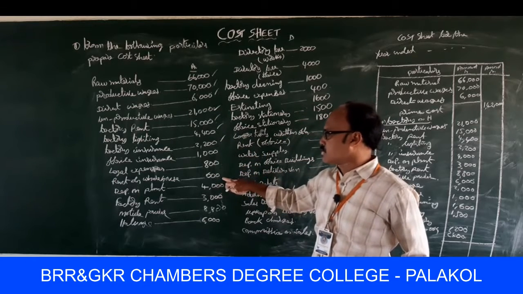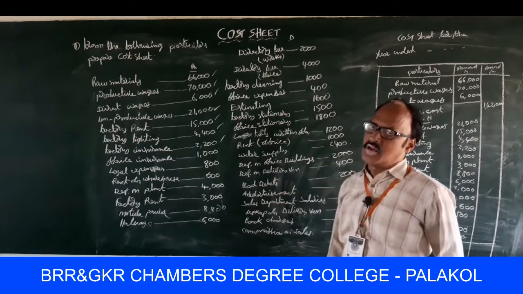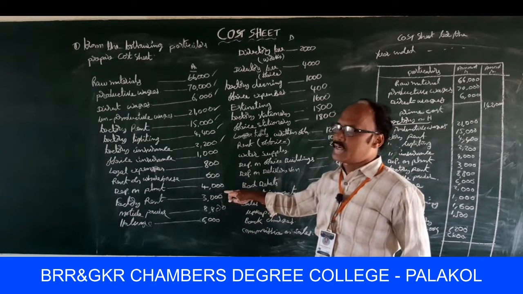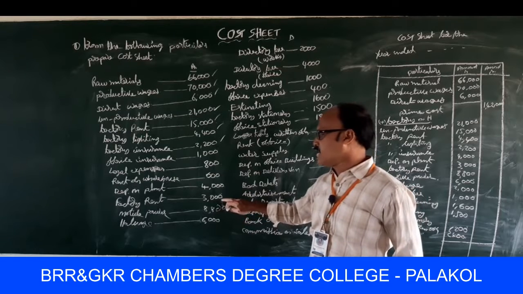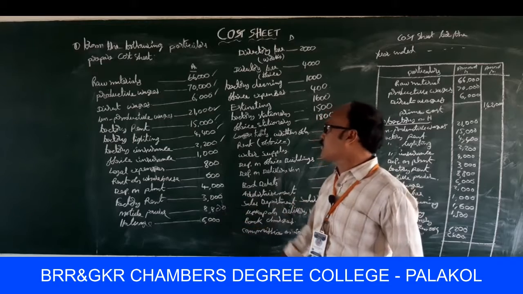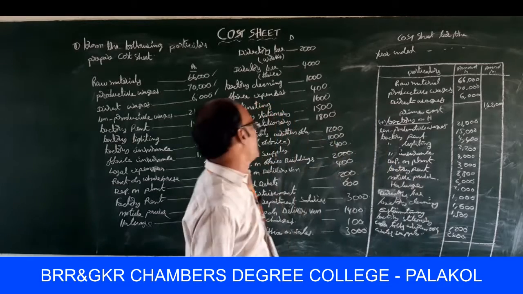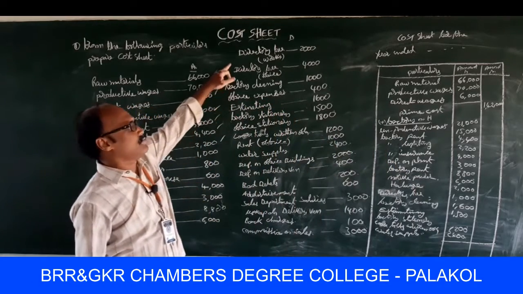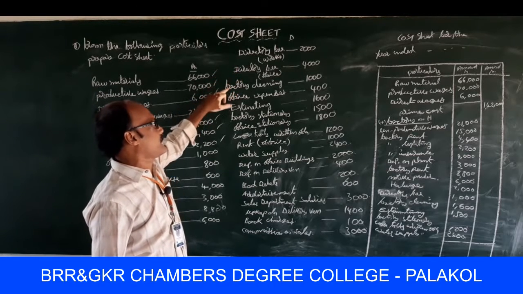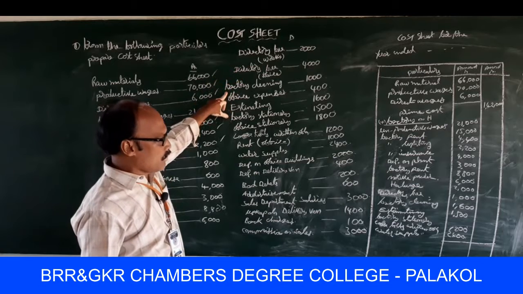Rent for warehouse, 600, sales and distribution expenses. Depreciation on plant, factory overheads. Factory rent, factory overheads. Motive power, factory overheads. Haulage, factory overheads. Director's fee works, factory overheads. Director's fee office, office overheads.